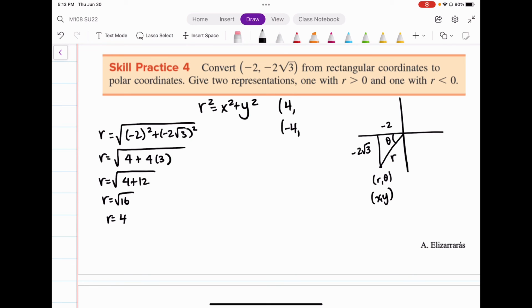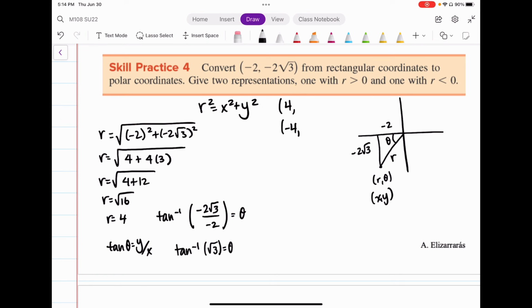Then we need to find theta, and we're going to use the fact that tangent of theta is equal to y over x. Then the inverse tangent of negative 2 root 3 over negative 2 is equal to theta. The inverse tangent of root 3 on the unit circle happens in quadrant 1 and in quadrant 3.